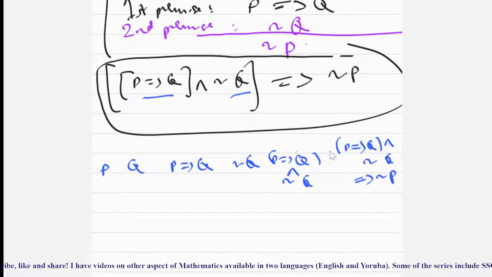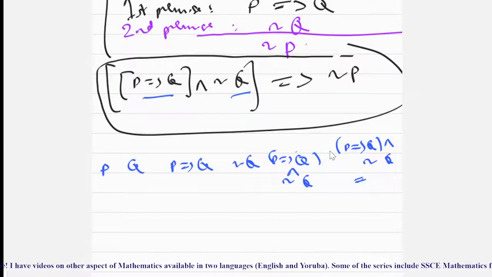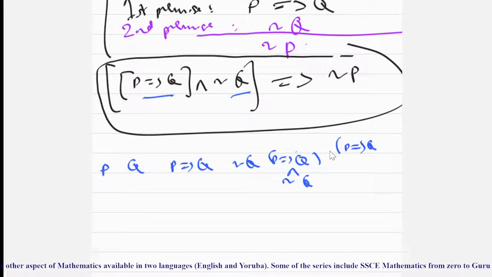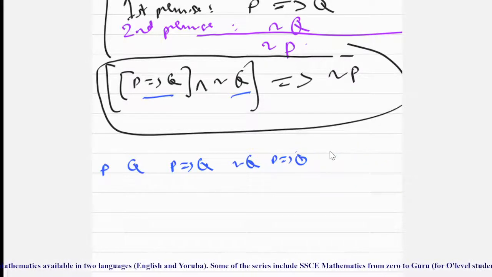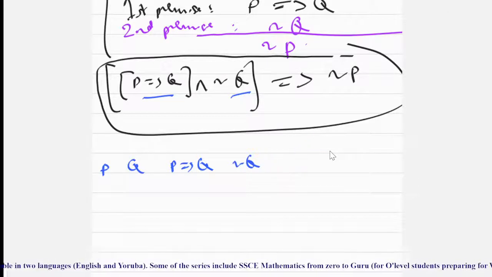Oh, it means I need negation of P too. Let me rewrite it in such a way that I can create more space.